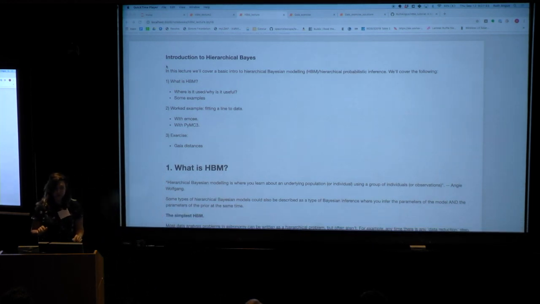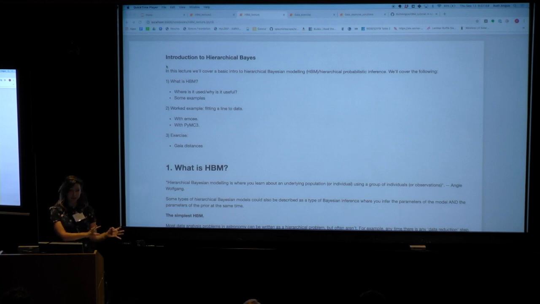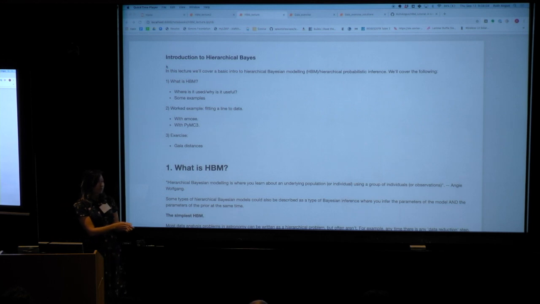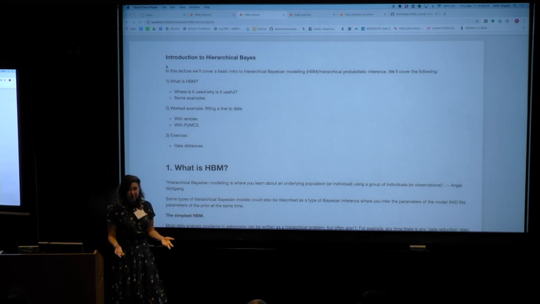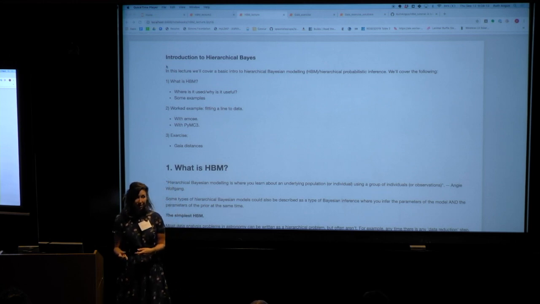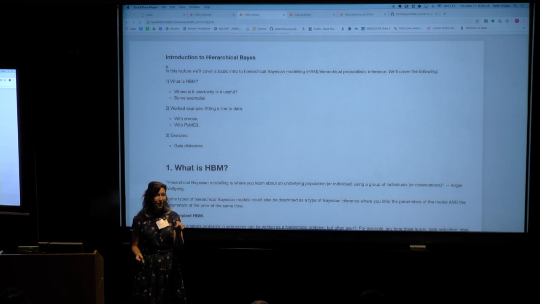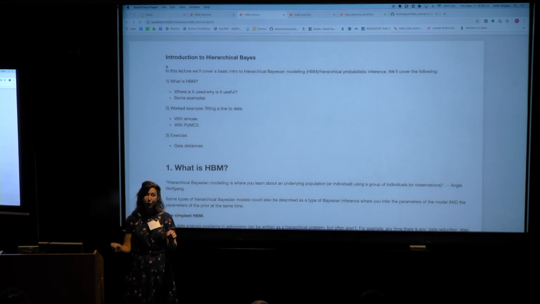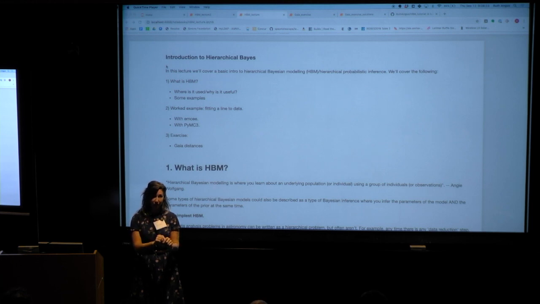So you might have a group of stars, and you want to learn something about each of those stars. You can learn the properties of each of those stars better if you use all the stars than you can if you just use one star.